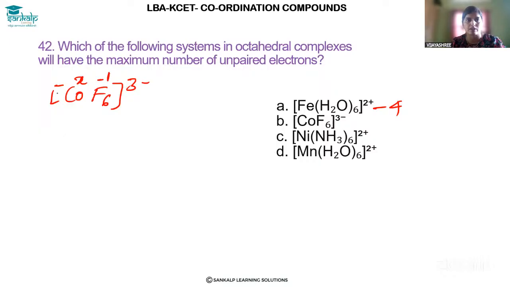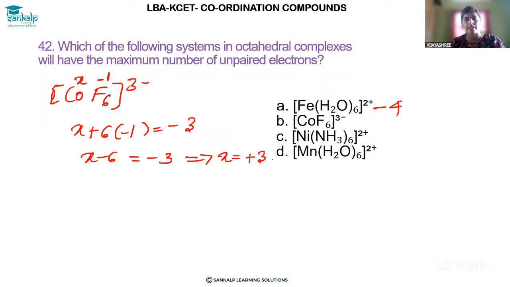So X plus, there are 6 fluoride ligands, so 6 times -1, which is equal to -3. So X minus 6 equals -3, which implies X equals +3. Oxidation state of cobalt is +3.